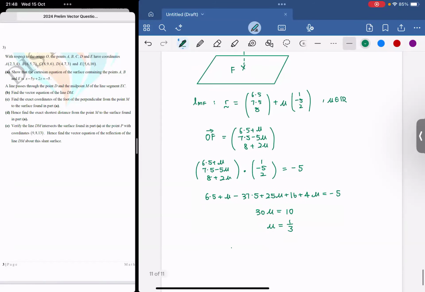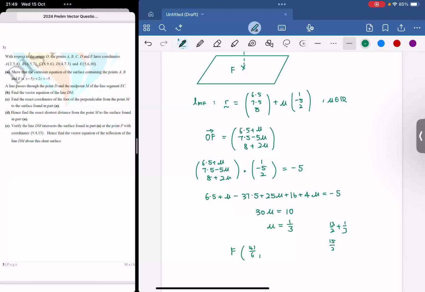So F will just be 6.5 plus 1/3. Better to see it in fraction already. 13 over 2 plus 1/3 is 41 over 6.